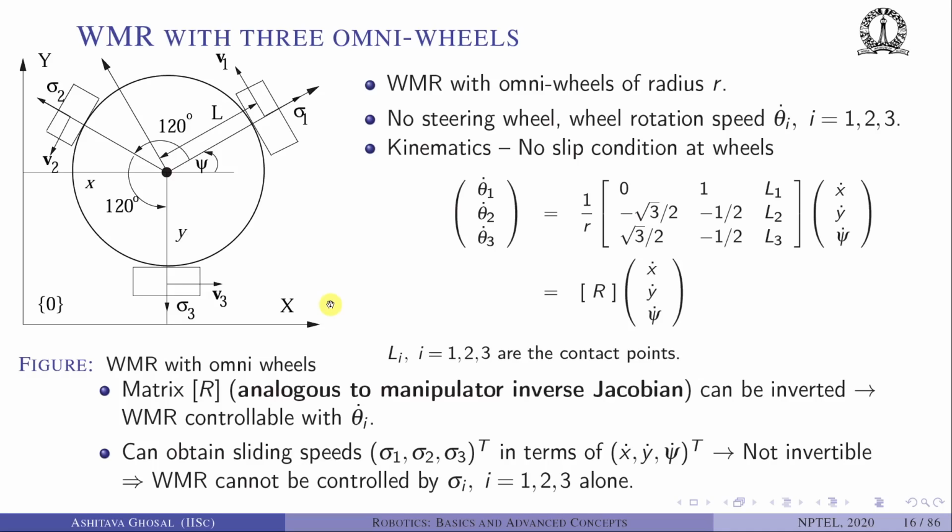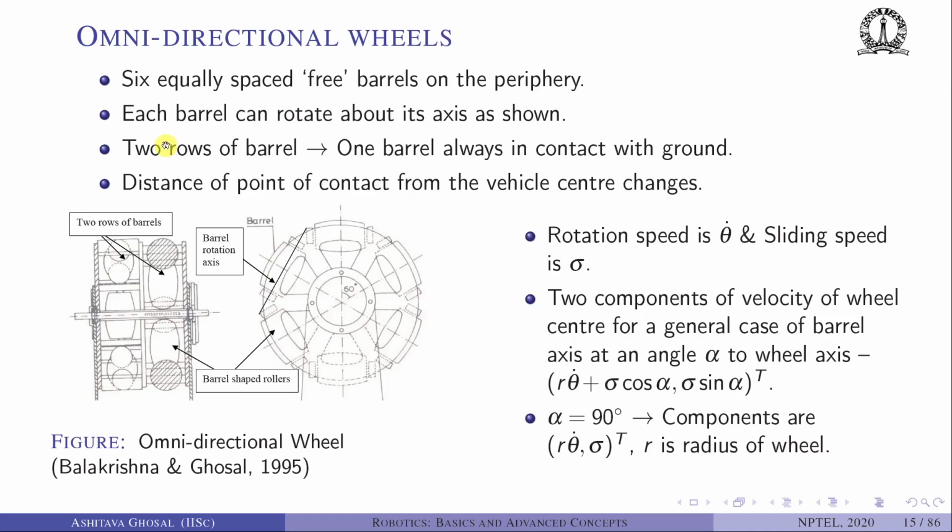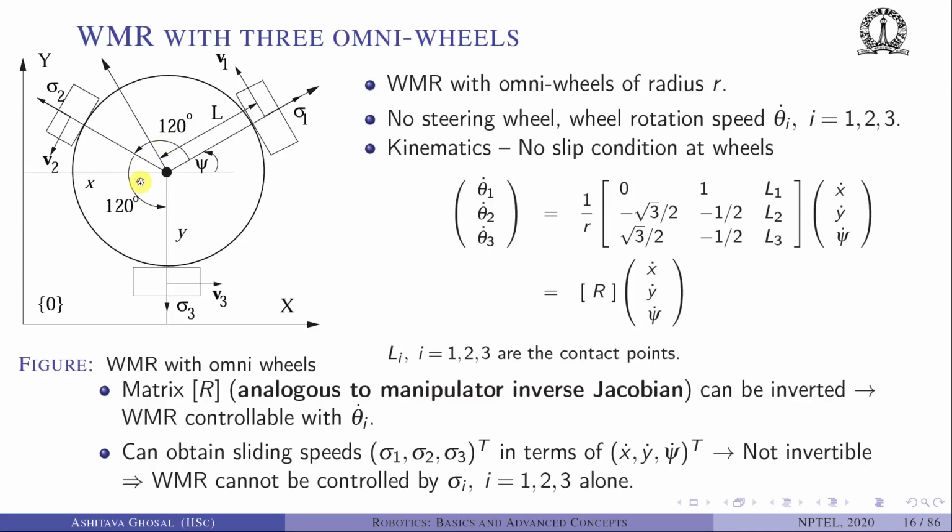So if you have a WMR with three omnidirectional wheels, then we can show that it can trace any path on the plane. So let's look at this WMR with three omni wheels. We have three wheels, which have sigma 1 in this direction, v1 which is r theta dot in this direction, similarly sigma 2 and v2, and sigma 3 and v3.